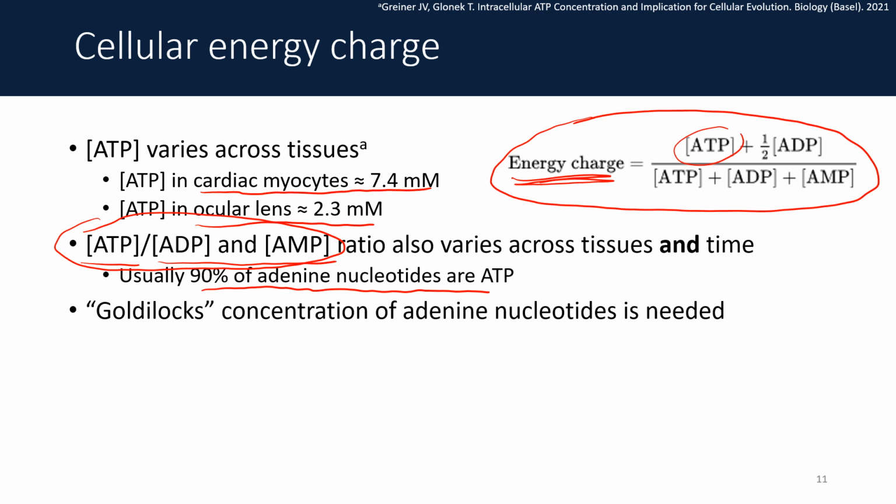So what this tells us is that biology has preferred that we have a Goldilocks concentration of adenine nucleotides.